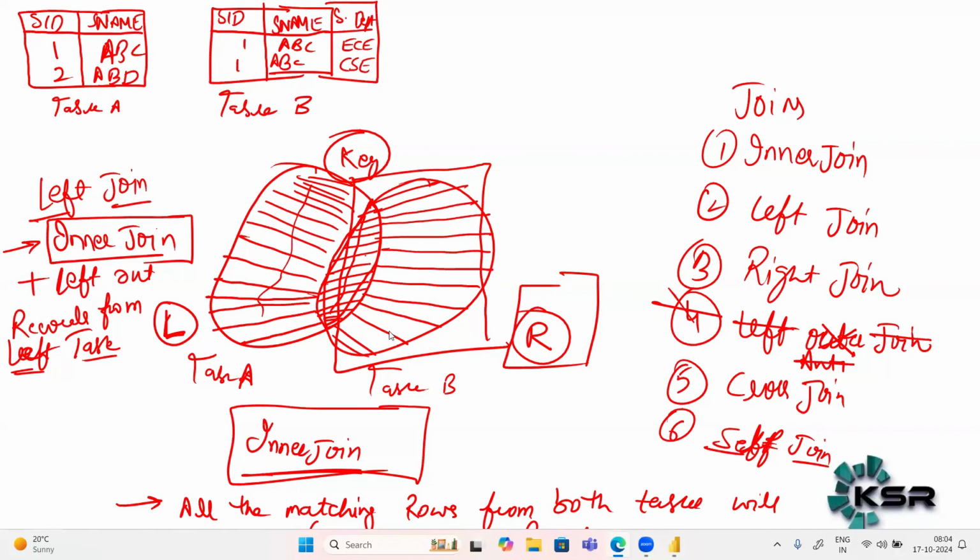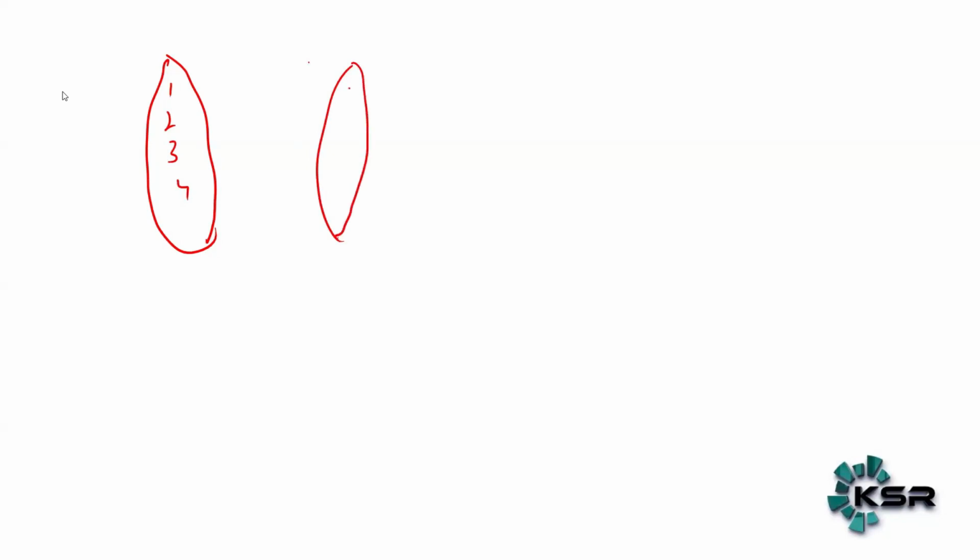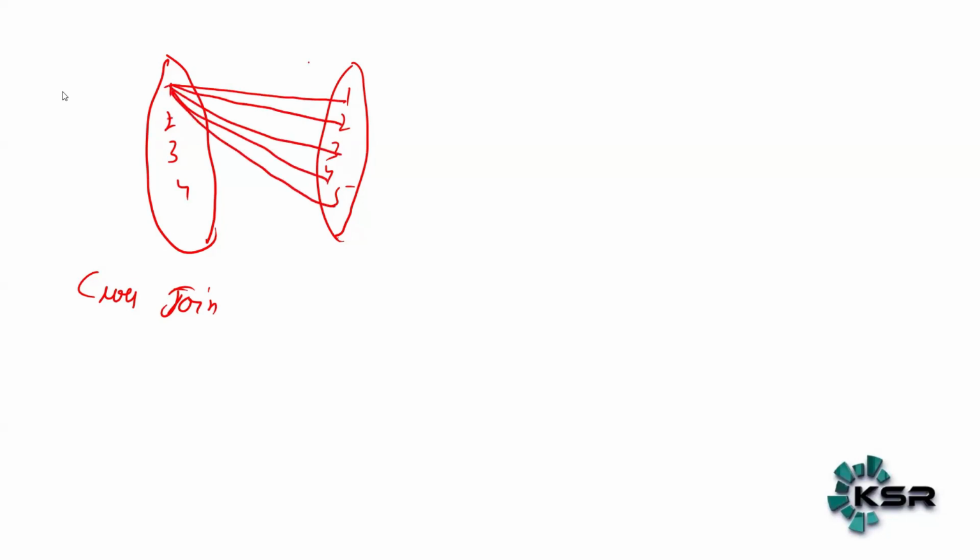So now we have two joins left, that is cross join and self join. Suppose this is table A, it has the records 1, 2, 3, 4, and this is table B, with the records 1, 2, 3, 4, 5. So in cross join, what will happen? Every record will get paired with every record in the other table. Like, you will have this, this, this. Similarly, this record will get paired with this, this, this, this, this.